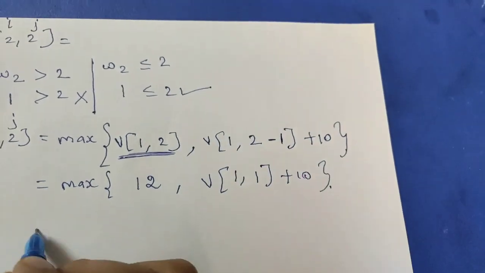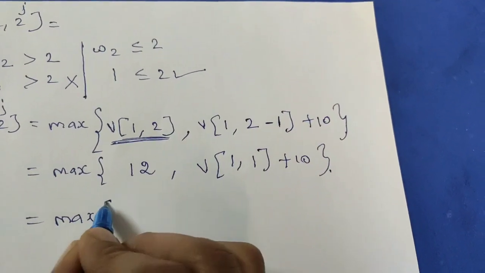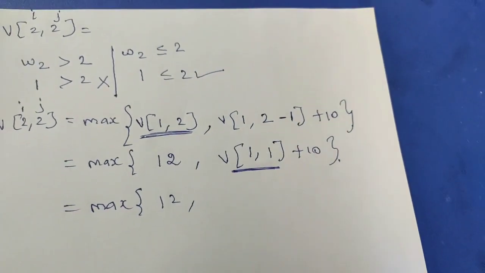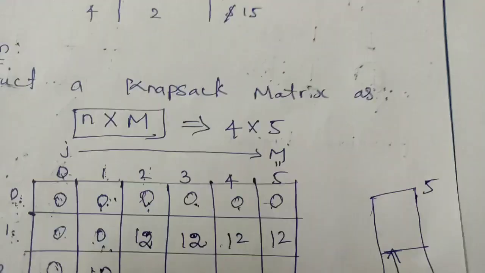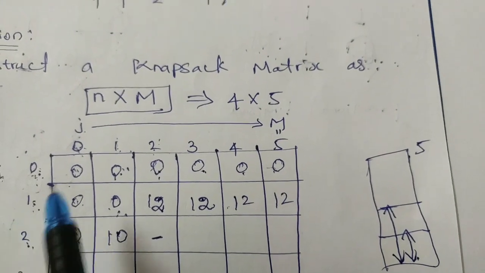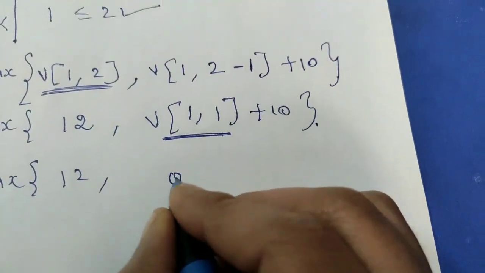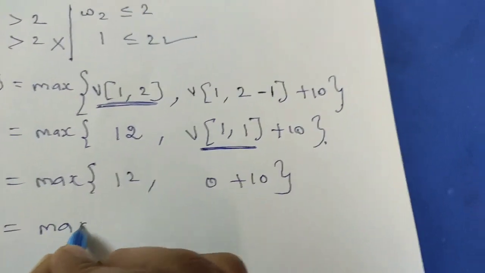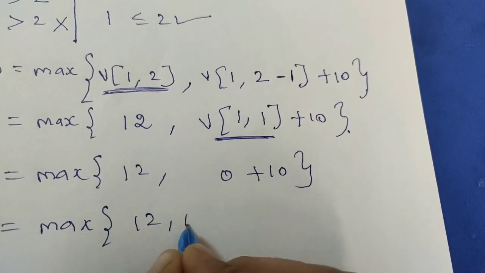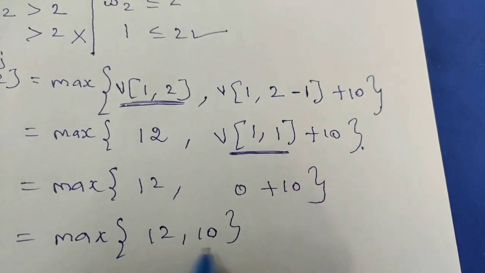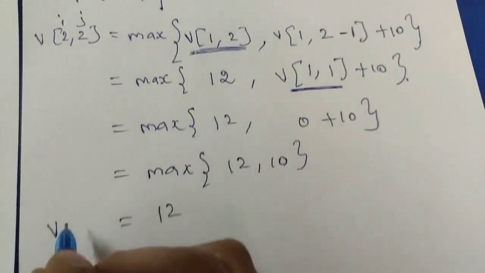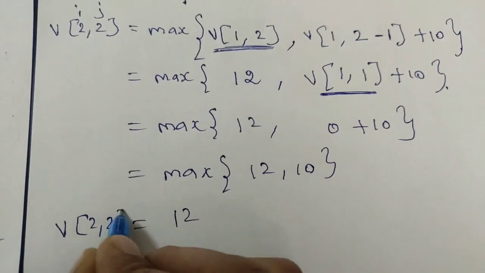Go to your knapsack matrix and find the value present in 1, 1. In the location 1, 1, I have the value 0. So 0 plus the profit of the item. Now it leads to the maximum of 12, 10. Out of these two values, which is the maximum? 12 is the maximum.